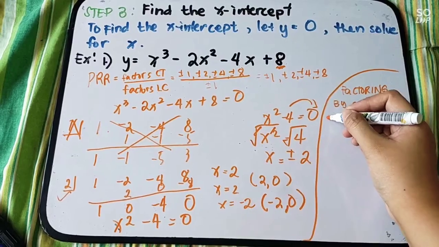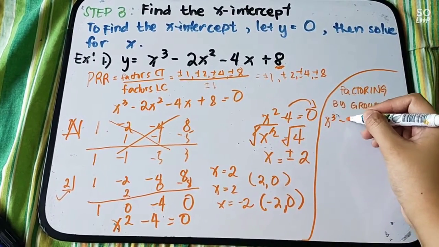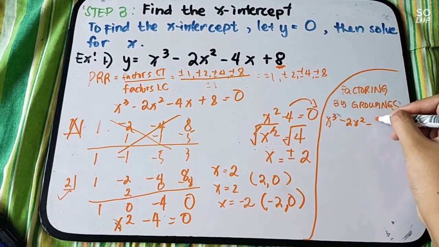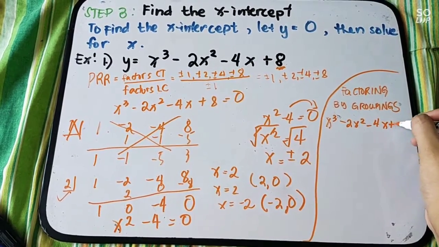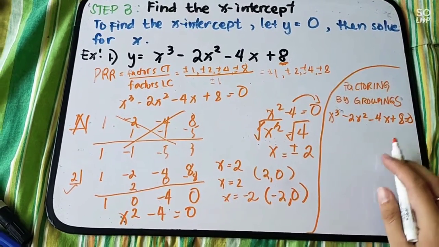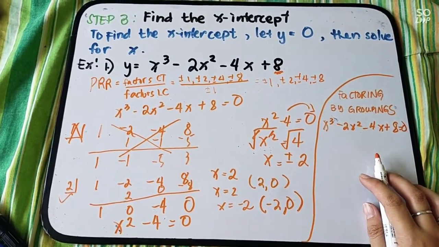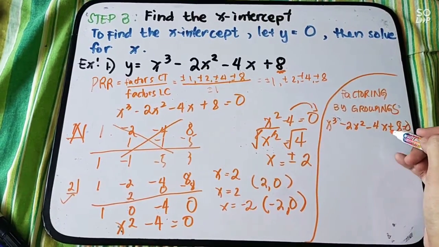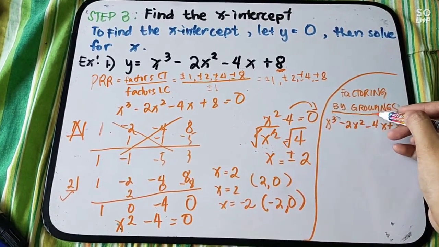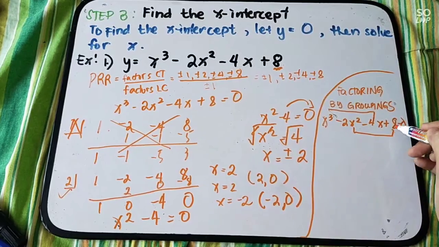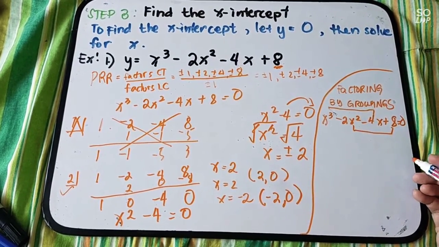So, you have here x cubed minus 2x squared minus 4x plus 8 equals to 0. So, i-group natin. Itong x cubed at saka yung 4x, saka yung 2x squared at saka yung negative 8. Okay?